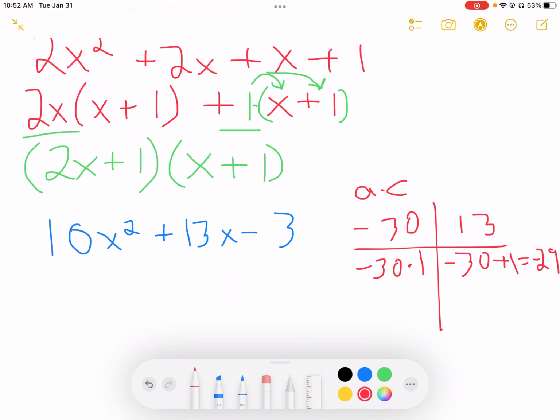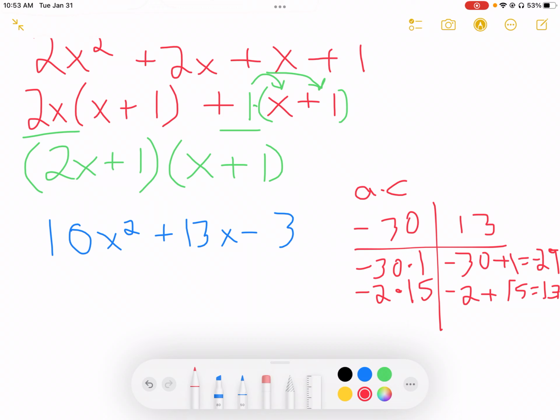Then I'm going to think of other factors and say, oh, well, what about, right now I can see that if I had minus 2 and positive 15, minus 2 plus 15, it's always helpful to write these things out. Then I'm going to end up with 13. Whoops, 13.